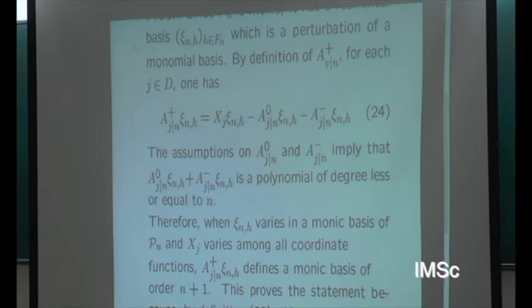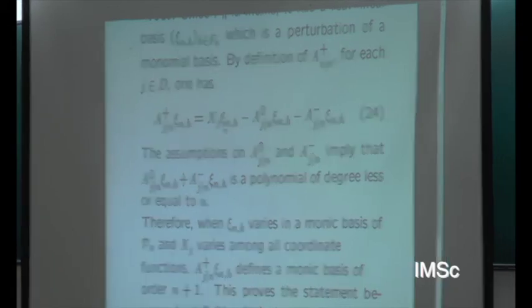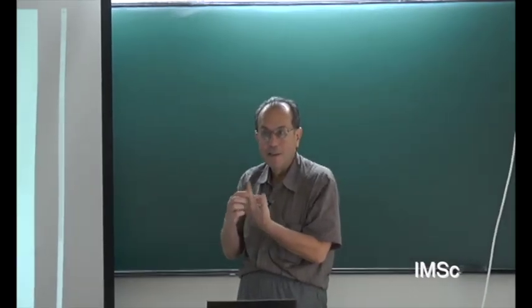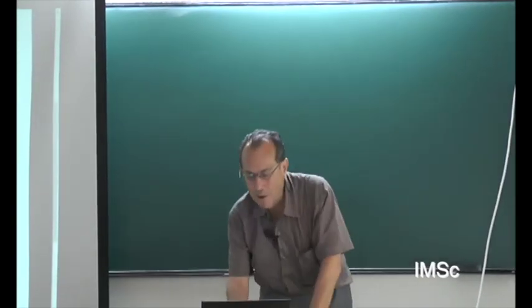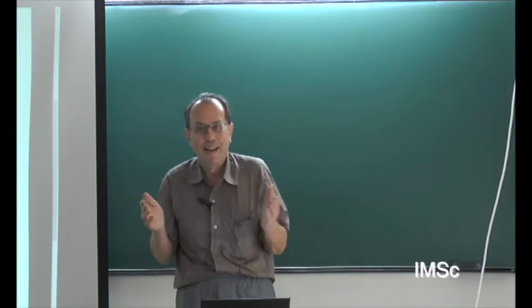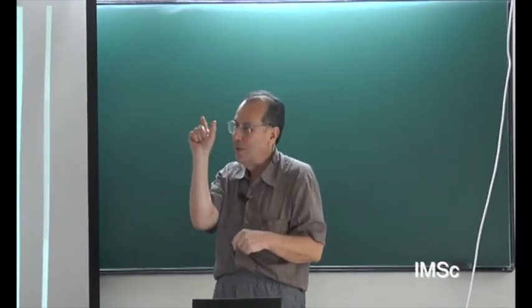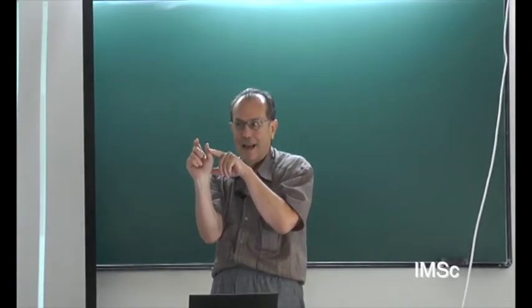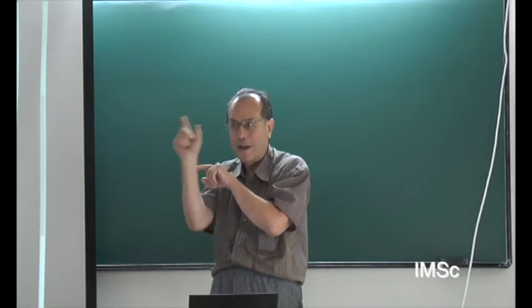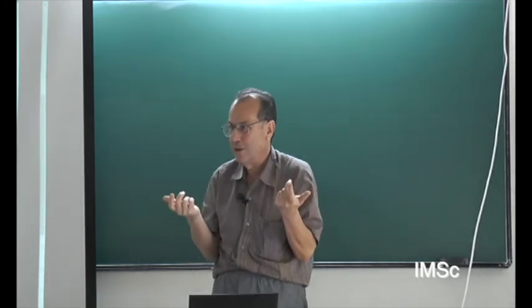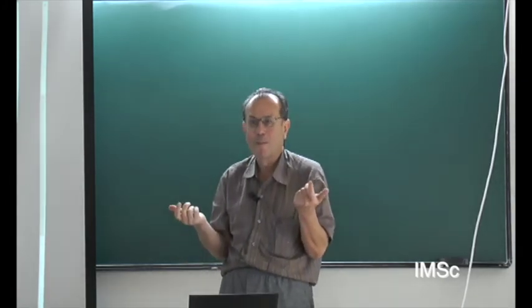On the other side, Xi_h is an element of the monic basis, so it is a polynomial of degree n. And the highest degree is a single monomial. The single monomial gets multiplied by xj. But j is arbitrary, I can vary it in all possible ways. Of course, when I multiply a single monomial of degree n in all possible ways, and then I vary this single monomial among all monomials of degree n, I get all possible monomials of degree n plus 1, by definition of degree of a monomial.